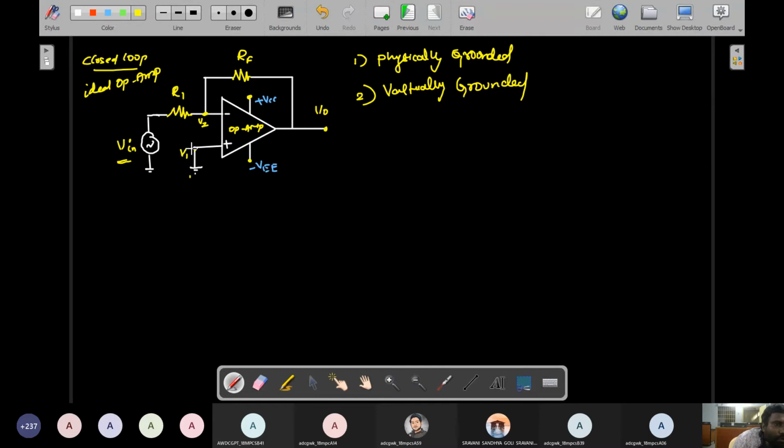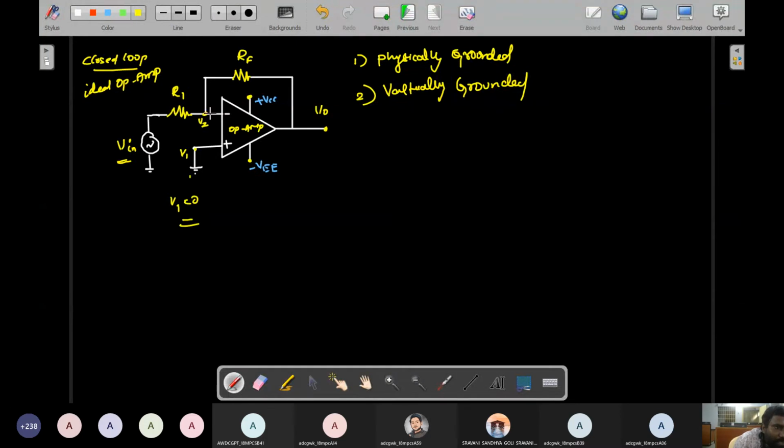You can clearly observe from the diagram that the non-inverting terminal is connected to ground through a connecting wire, so the potential at V1 is always equal to 0.